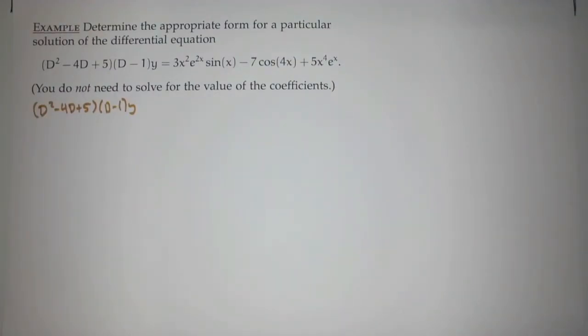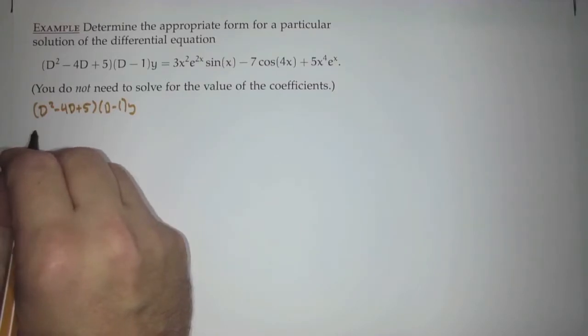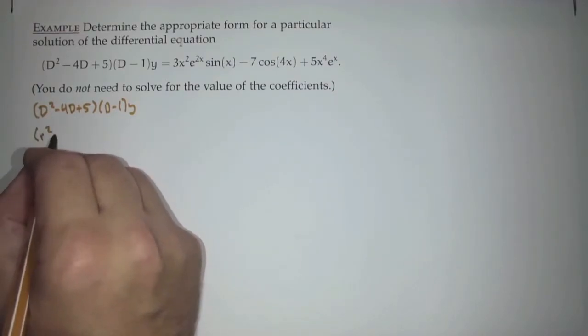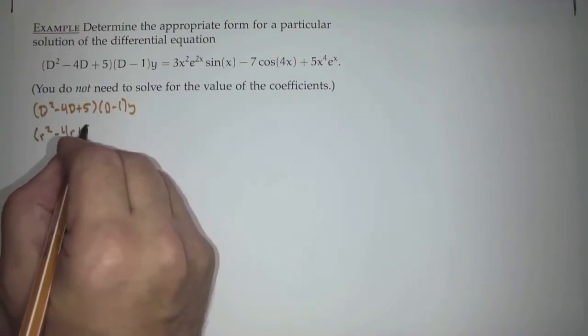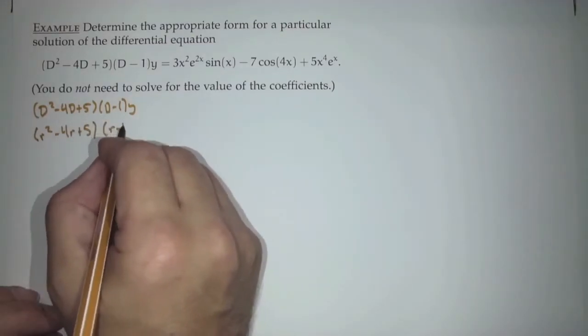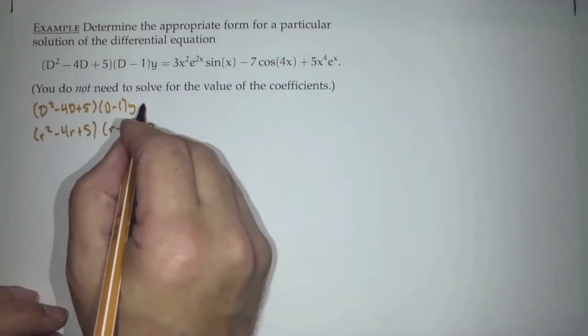This way they were being nice to us, because in this notation, it's really quick to switch to our r notation in terms of the polynomial. The rule is D becomes r. It's really cool. So this becomes r squared minus 4r plus 5 times r minus 1 equals 0.